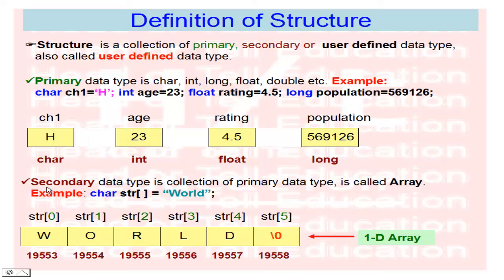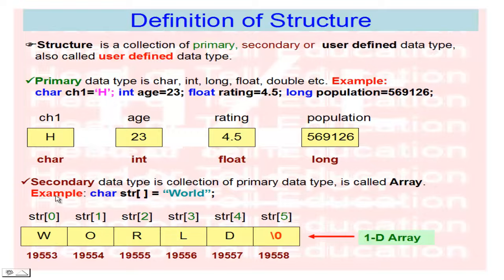Now what is the secondary variable or secondary data type? A secondary data type is a collection of primary data types, called an array. It means if we want to store more than one character, we can create secondary data type variables.